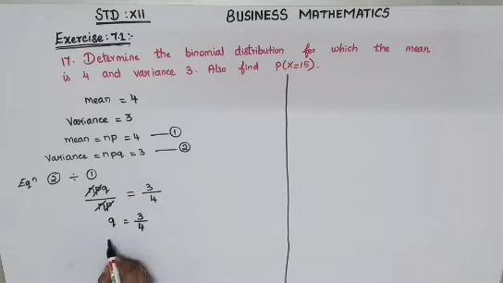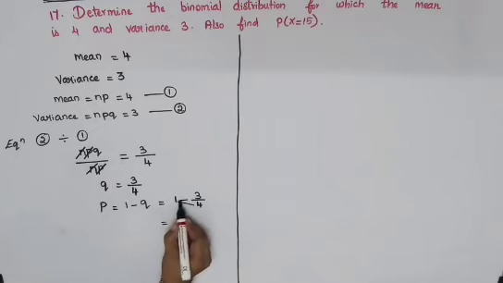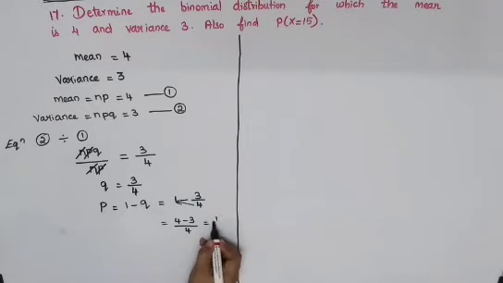So we'll have to find P now. So P is equal to 1 minus Q is your formula. That is equal to 1 minus Q is this 3 by 4. Which is equal to, go to LCM now, 4 minus 3 divided by 4, which is equal to 1 by 4.